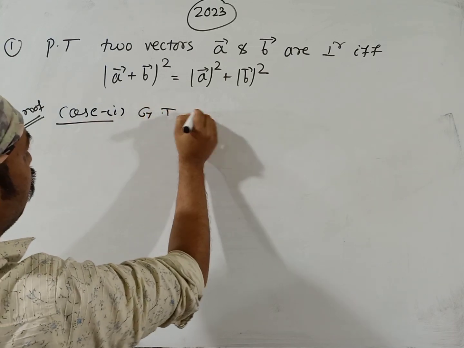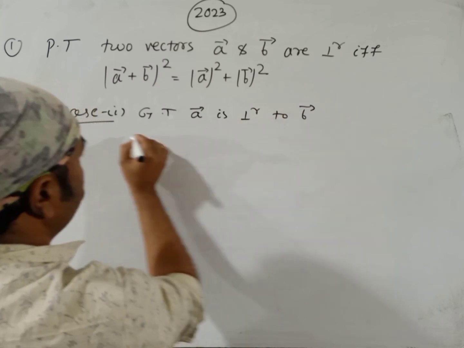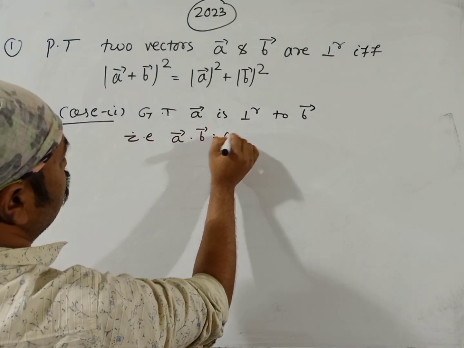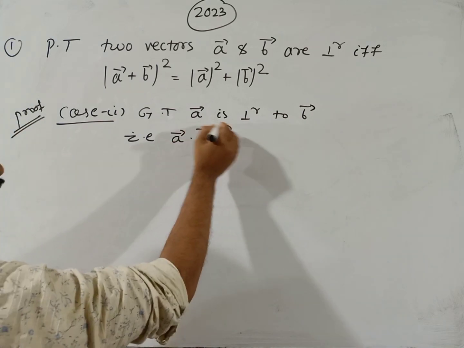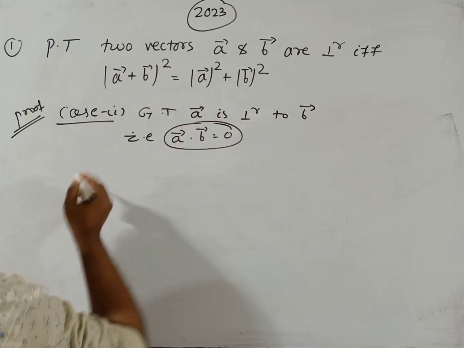Given that A vector is perpendicular to B vector, that is A vector dot B vector is equal to 0. So it is the given condition. We have to prove this.